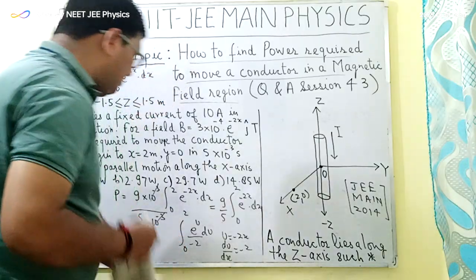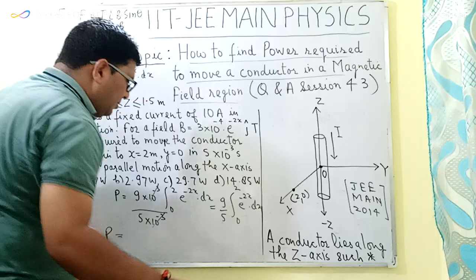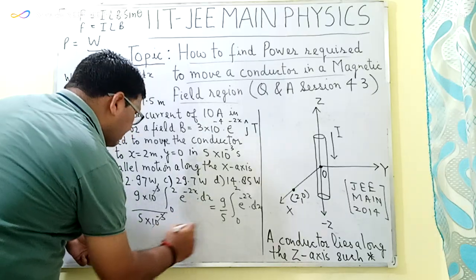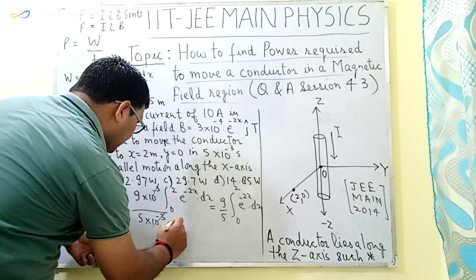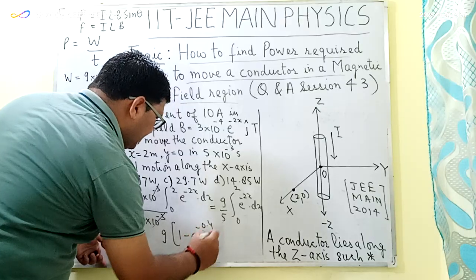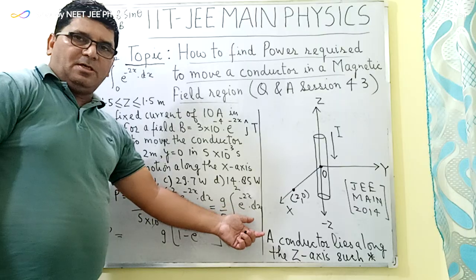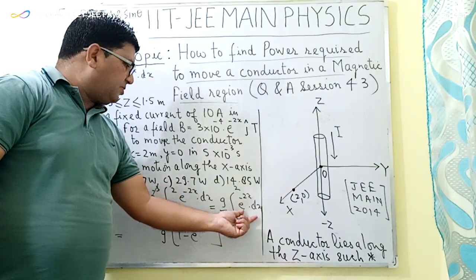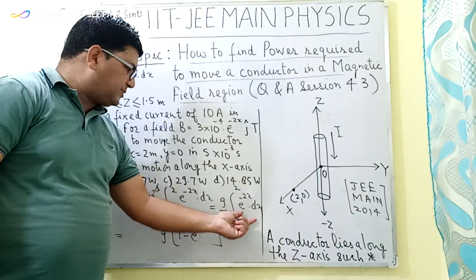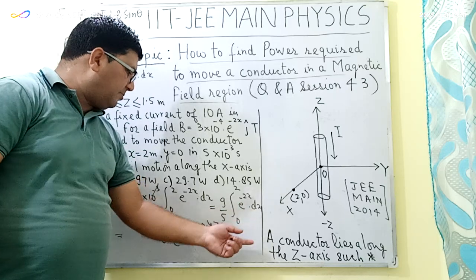So if I solve this integration, this equation gets converted into 9 in bracket 1 minus e to the power minus 0.4. I'm not elaborating the integration of this term because it is a very simple integration, so it can be easily done by you.